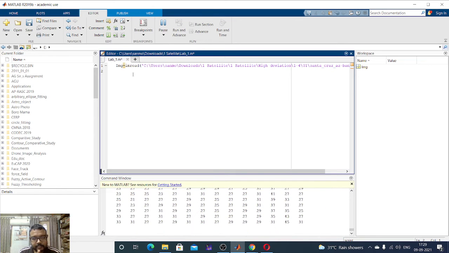Workspace variable. We have to see the workspace variable. One thing is the workspace variable, and another, we can open the image by imshow. So here I am saying imshow IMG, yes IMG, right.